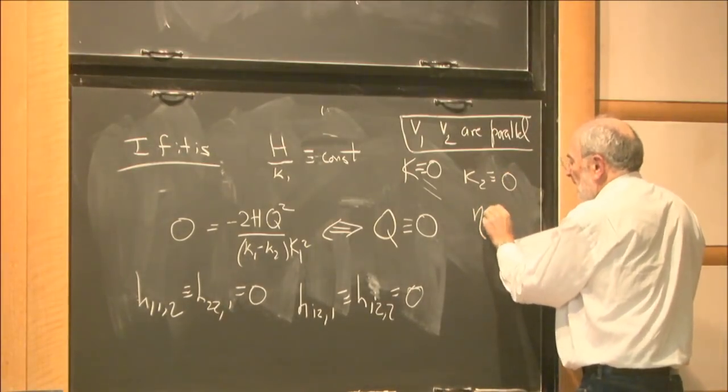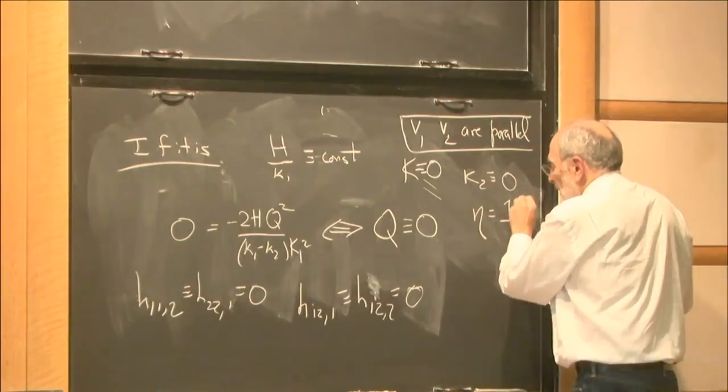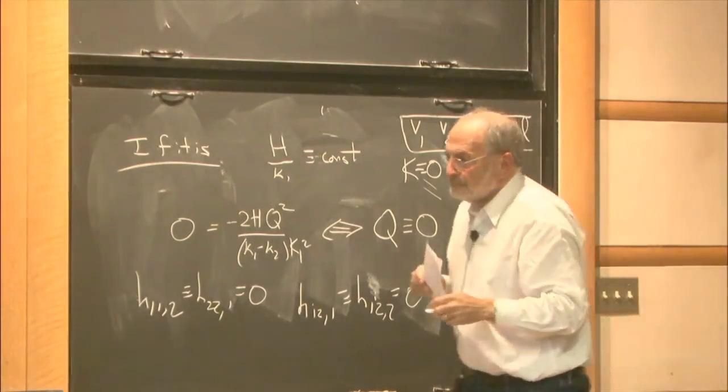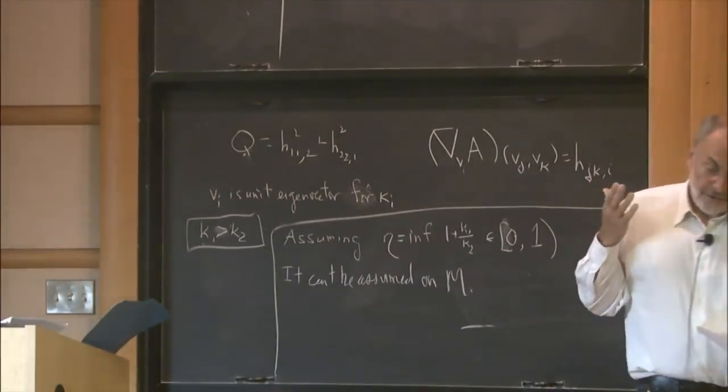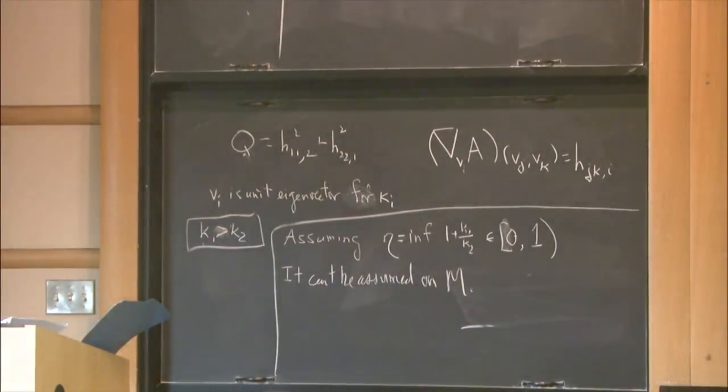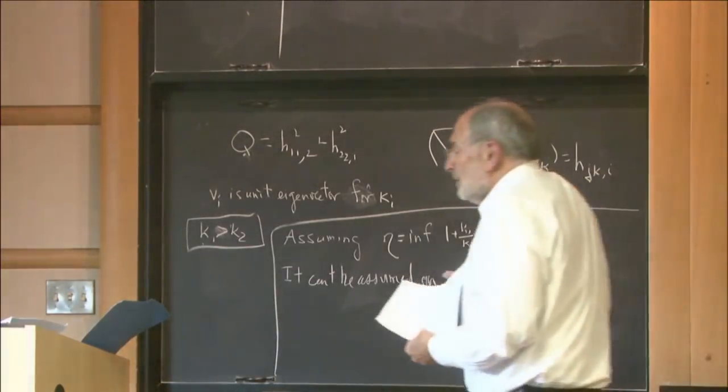And that says that eta equals 1. Remember, eta is just this minimum. This is 0. K2 can't be 0, so K1 is 0. But we're assuming that eta is strictly less than 1. That's a contradiction.